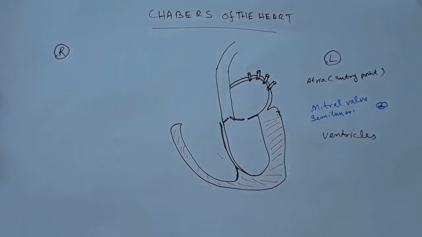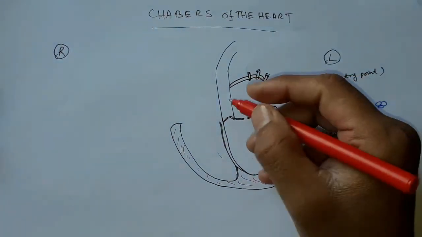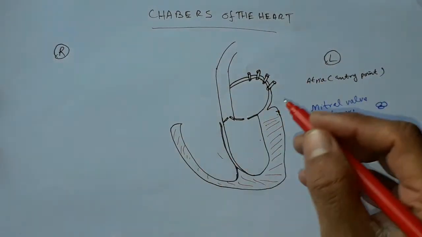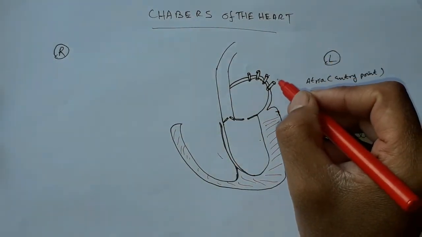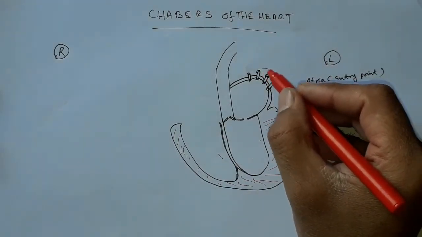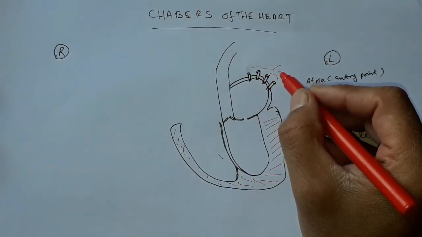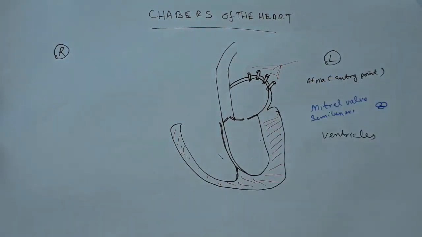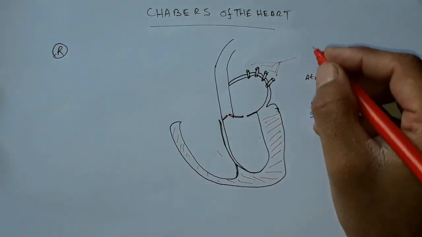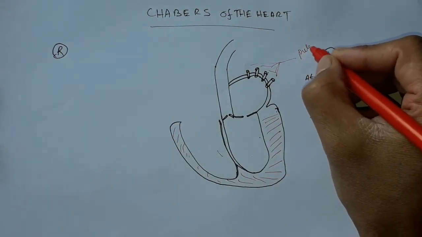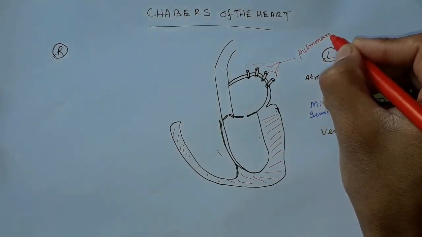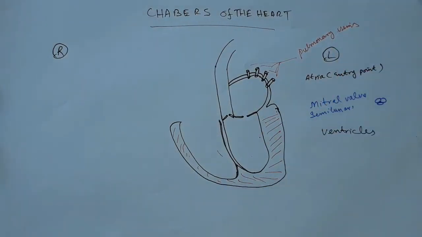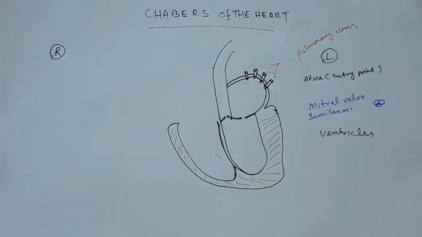So this is the aorta which carries blood to all parts of the body through systemic circulation, and these 4 are the pulmonary veins which carry blood toward the heart from the lungs.